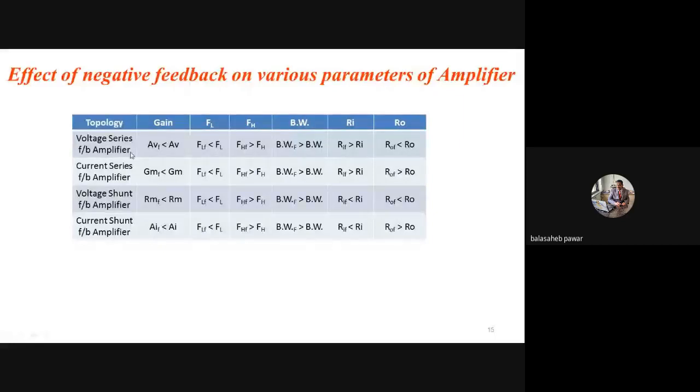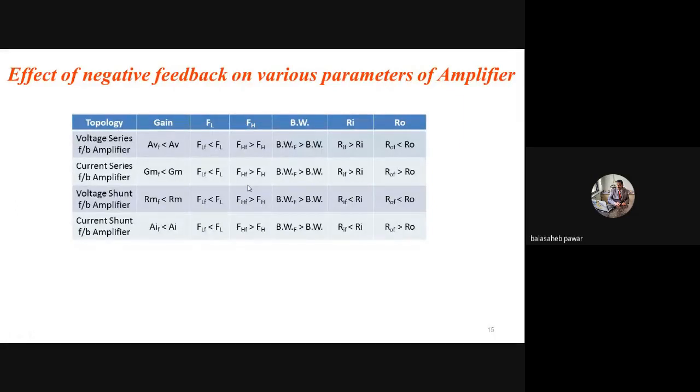As it is a voltage series feedback amplifier, its basic amplifier will be a voltage amplifier. For an ideal voltage amplifier, input impedance is infinite, output impedance is 0. Practically, for a designed voltage amplifier, we should achieve input impedance as large as possible and output impedance as low as possible.